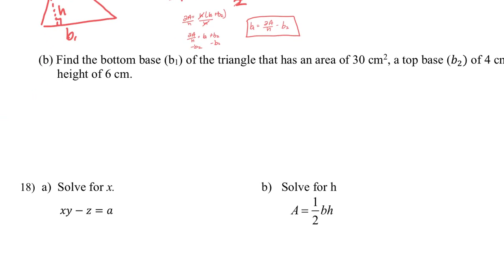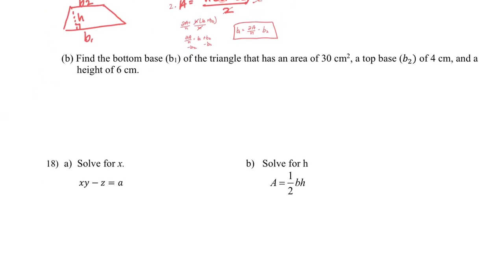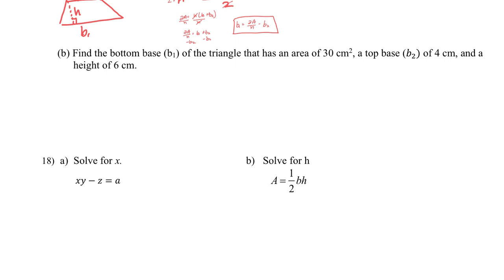And as it just so happens, part B of this question wants us to find the bottom base, b1, of the, sorry, it should say trapezoid, that has an area of 30 square centimeters and a top base of 4 and a height of 6.